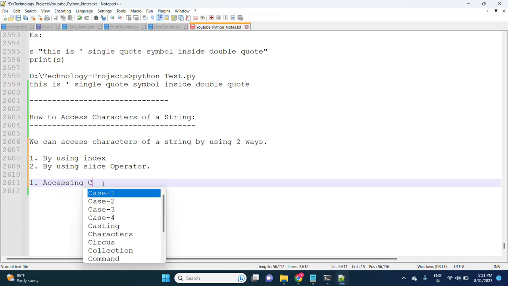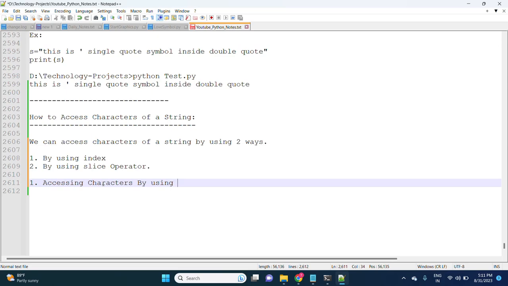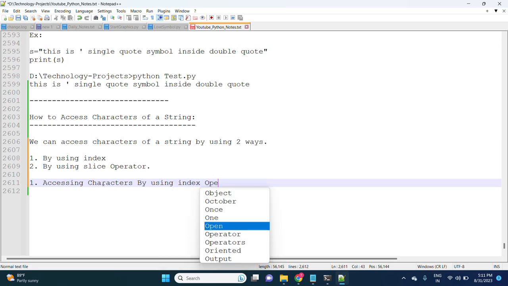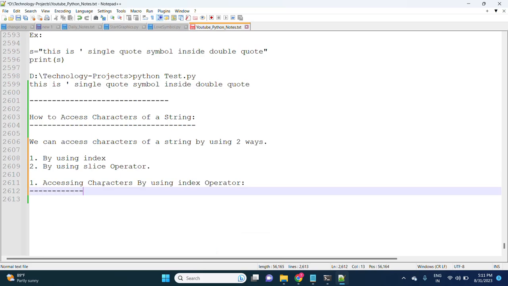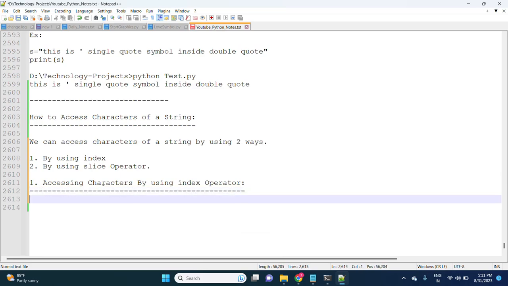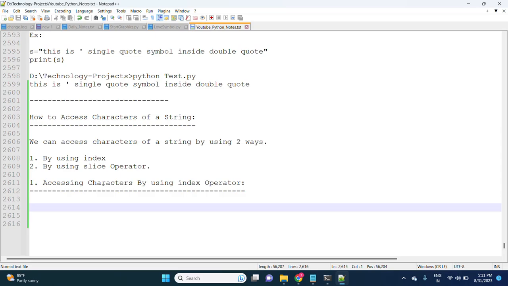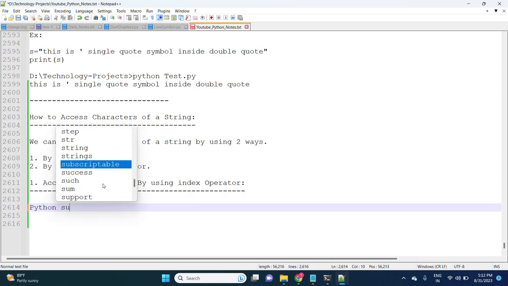Now observe here, the first concept we are taking is accessing characters by using the index operator.